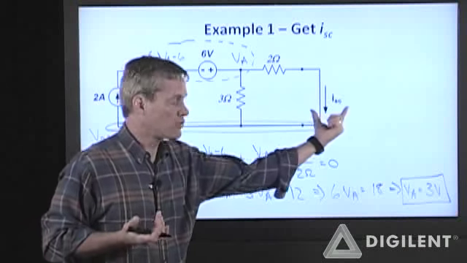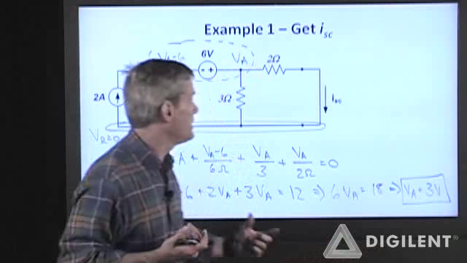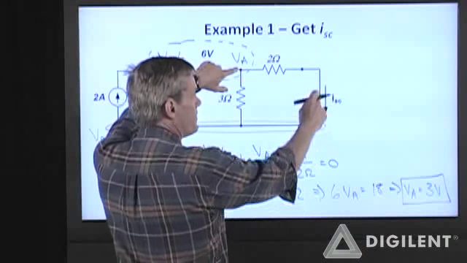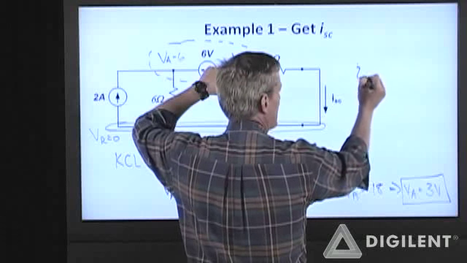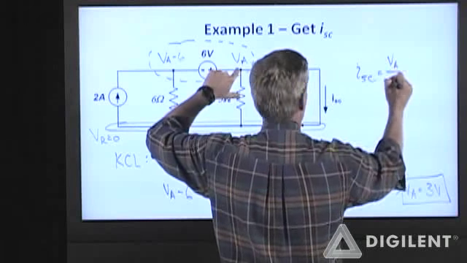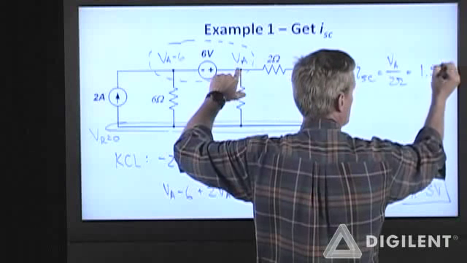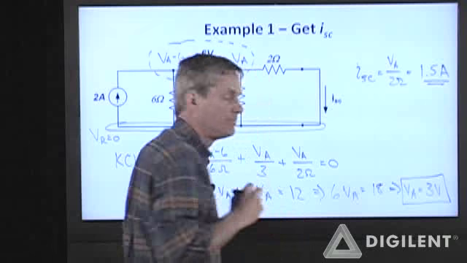That doesn't tell me directly what my short circuit current is, but it gives me the information I need to find it. So the short circuit current, I sub SC, is just VA minus 0 over 2 ohms, which is 3 volts over 2 ohms, or 1.5 amps.